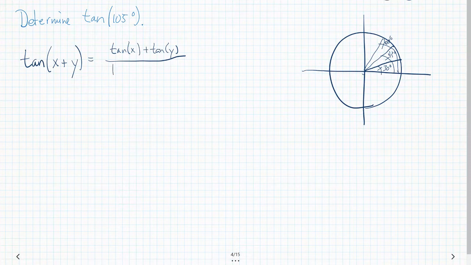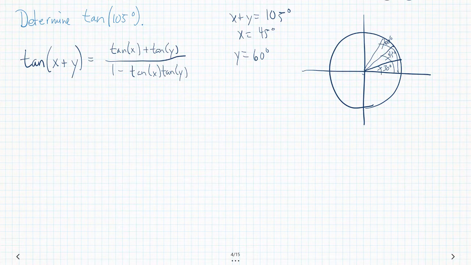We get 1 minus tan x tangent of y. Okay, so just for kicks, we'll say x is 45 degrees, and then y would be 60 degrees. And notice then x plus y equals 105 degrees. Okay, just finding some combination.